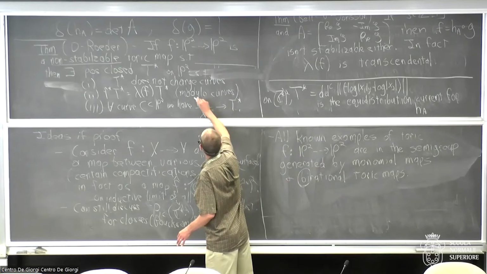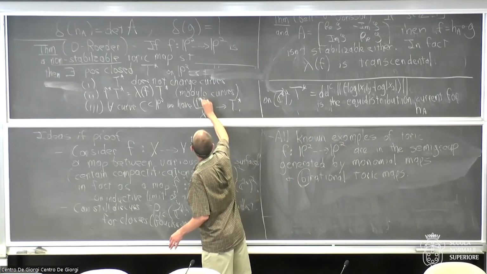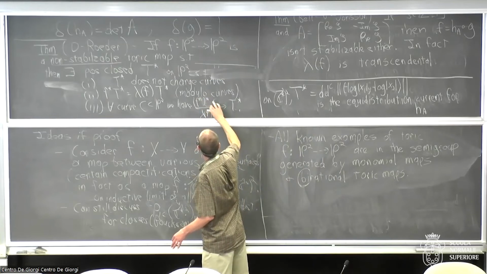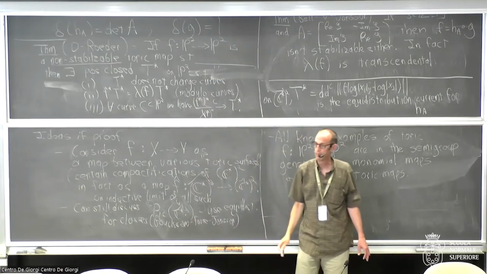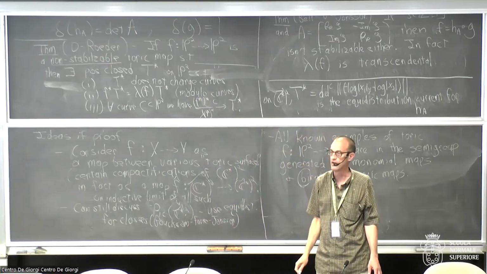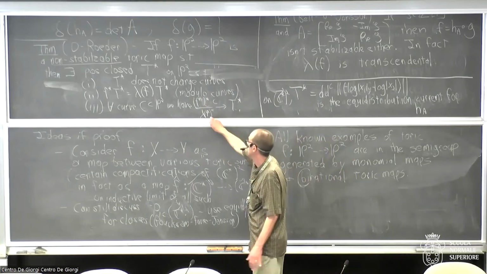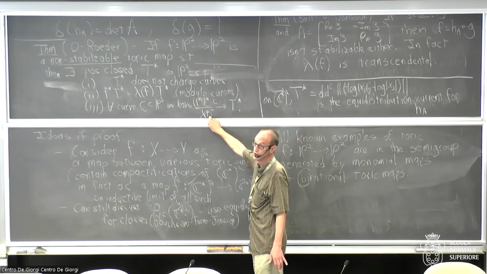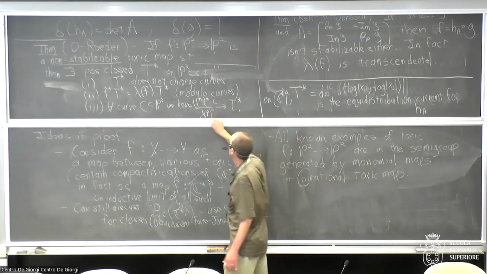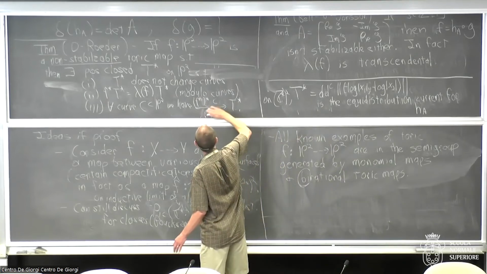Yeah, good question. I mean the smaller of the two. It's always somehow smaller to pull back by f to the n than to iterate f star n times. I still want lambda of f to the n, but I don't want degree.